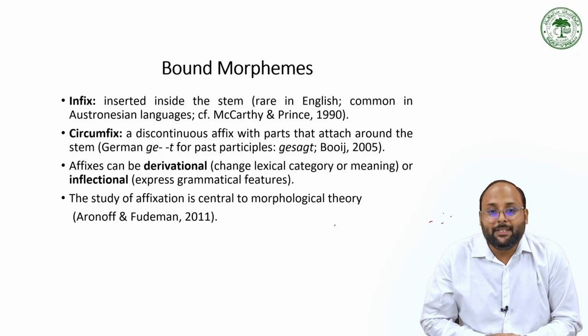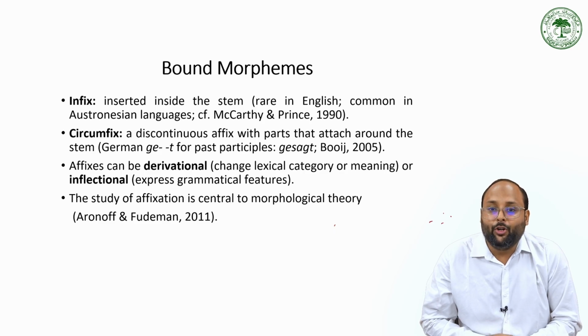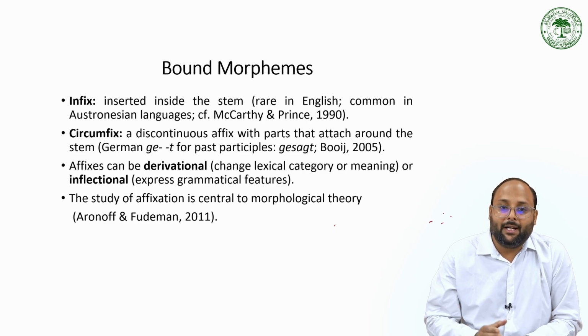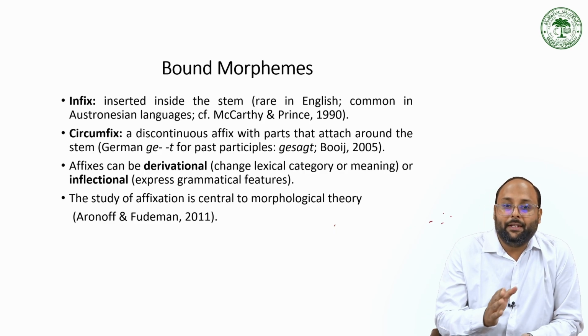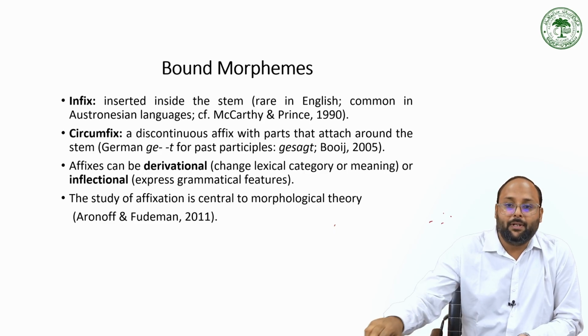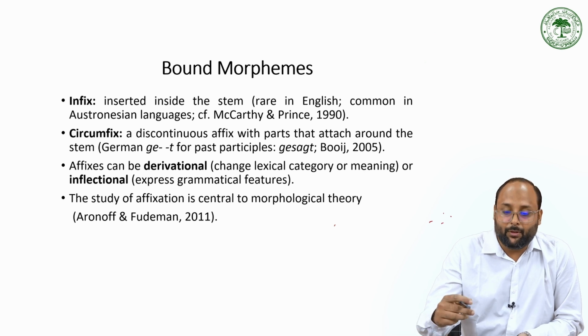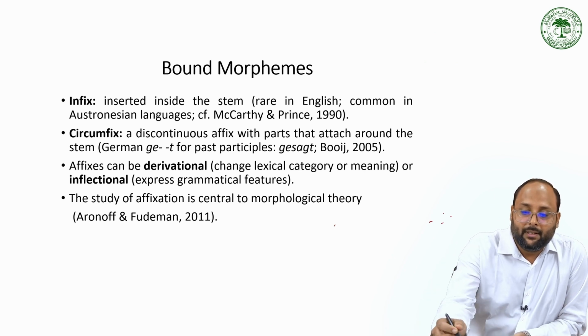Another example of affixes is the circumfix. A circumfix is a discontinuous affix with parts, because one part occurs at the initial position and the other part occurs at the final position. For example, we have a word from the German language, gesagt.